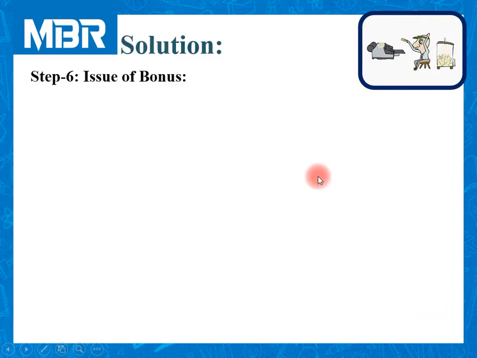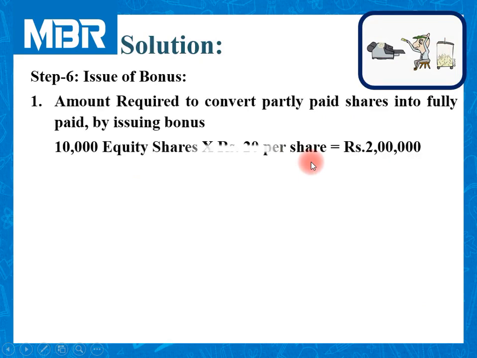Let us calculate the amount of bonus. 10,000 equity shares multiplied by rupees 20 per share. So total amount required for bonus to convert partly paid shares into fully paid is rupees 2 lakhs.